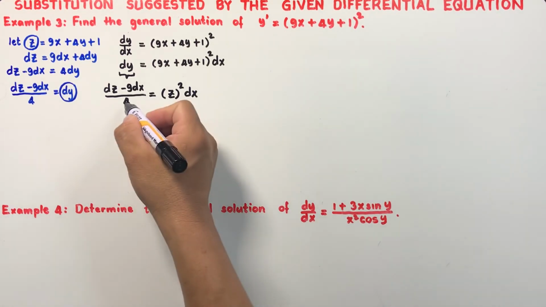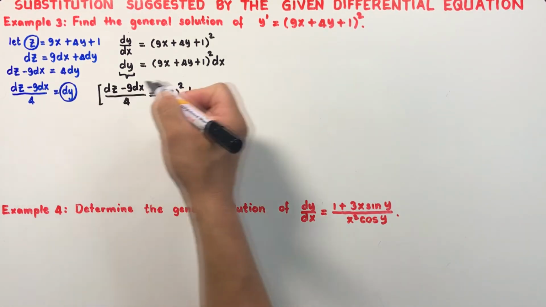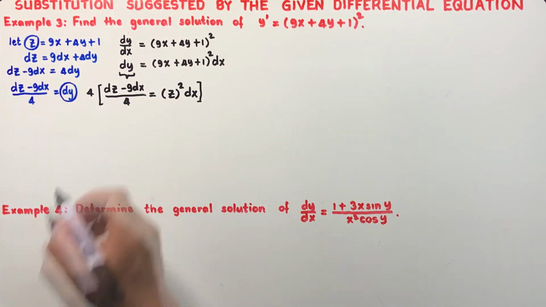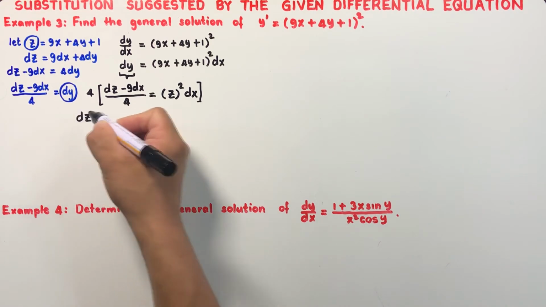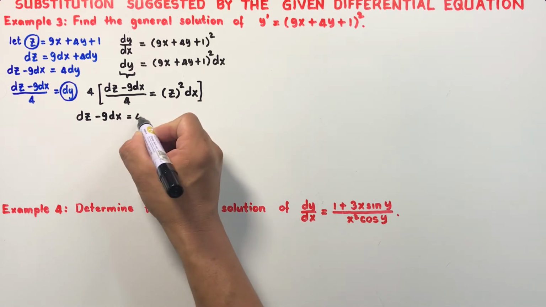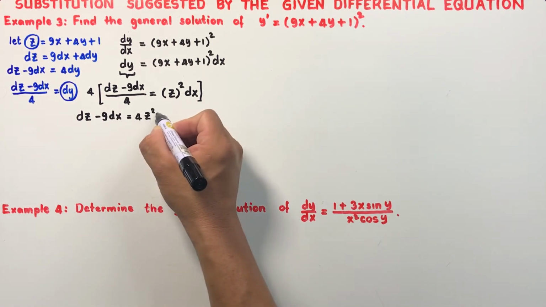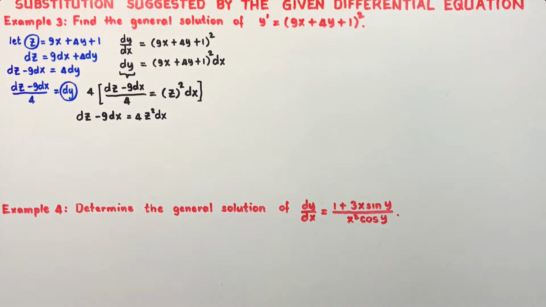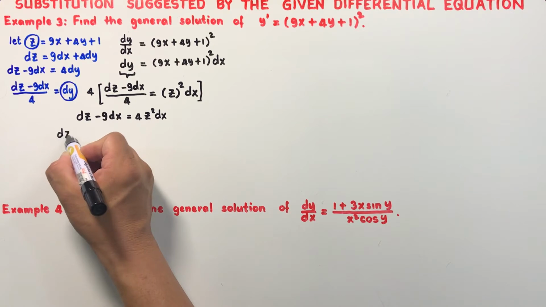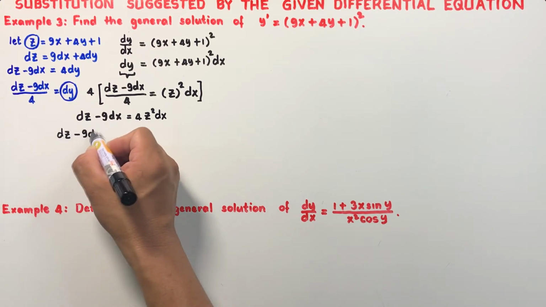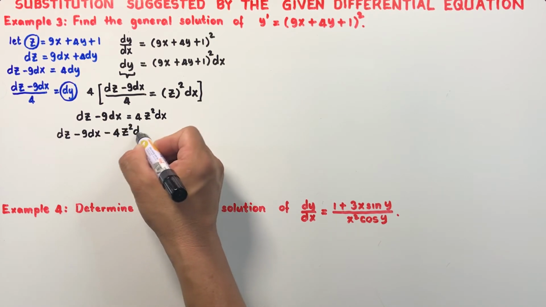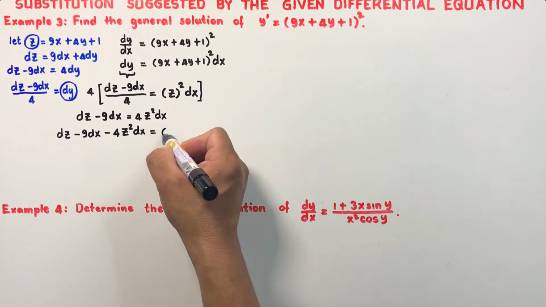So, eliminating this 4 in the denominator, we can multiply both sides of the equation by 4. So, we have dz minus 9dx, which is equal to 4z squared dx. And moving all terms to the left side of the equation, we have dz minus 9dx minus 4z squared dx, which is equated to 0.